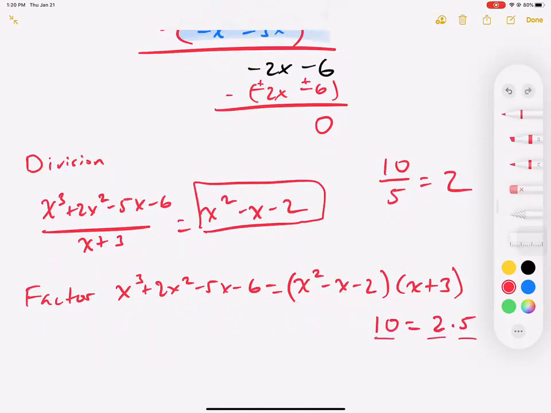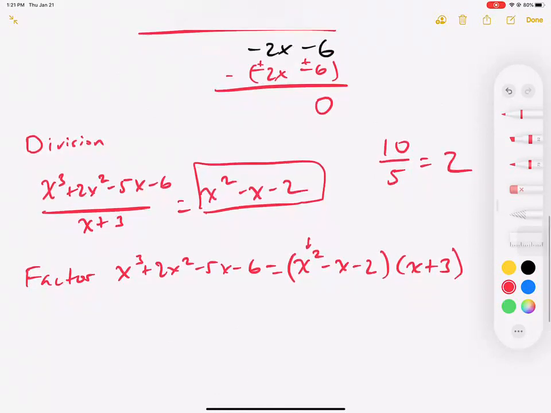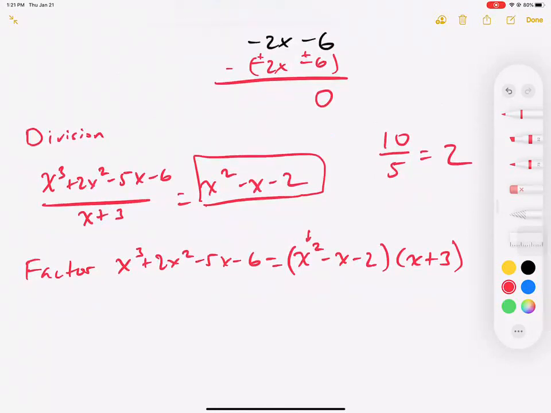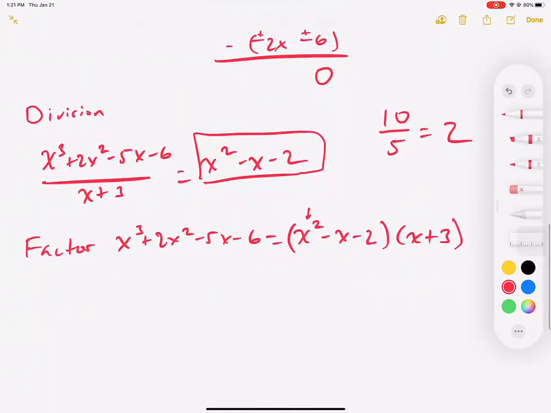Now here's the next cool part. If I ask you to continue factoring, well, we could factor x squared here. We can factor x squared pretty easily, and that's something that we worked on in Algebra 1 and Algebra 2. We use our tool of long division to factor out from x cubed, but once we're at x squared, we can do it by hand. What two numbers multiply to become 2? That's 1 and 2.